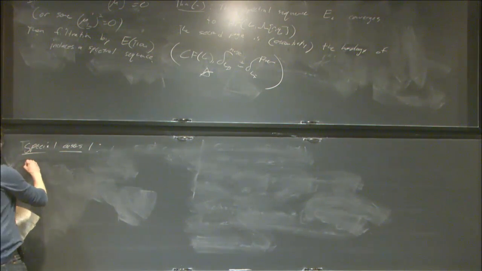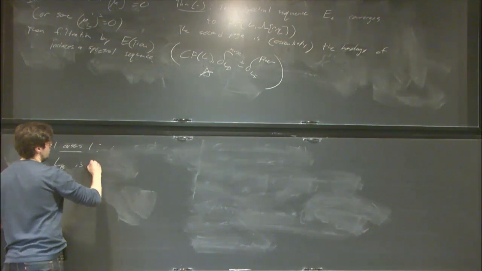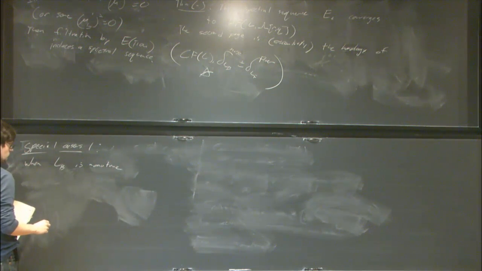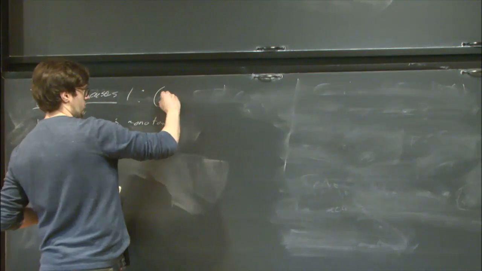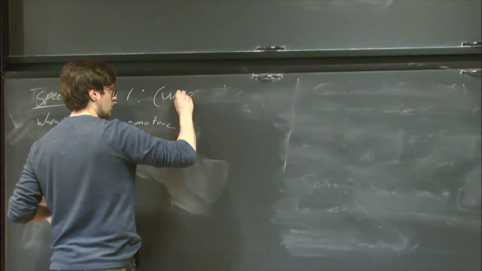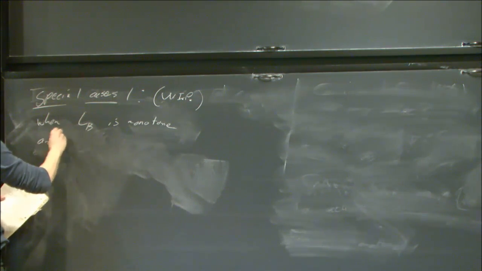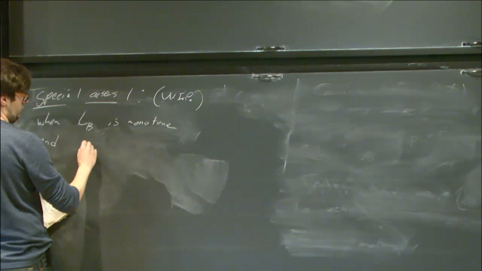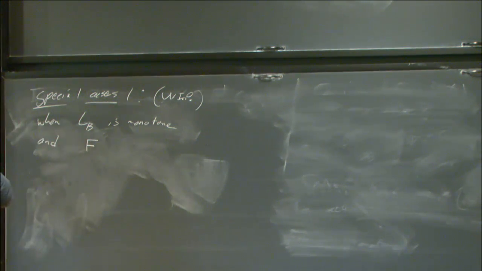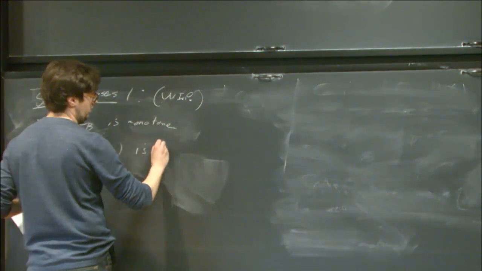Okay, so when the base is monotone, so this is kind of a work in progress. So when L_B is monotone, and our fibration is fiber-wise scalar, so F, there's the picture, is scalar.